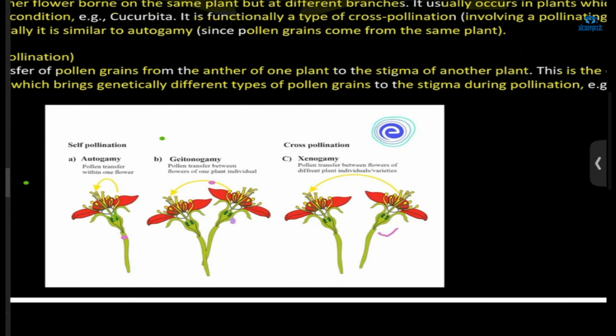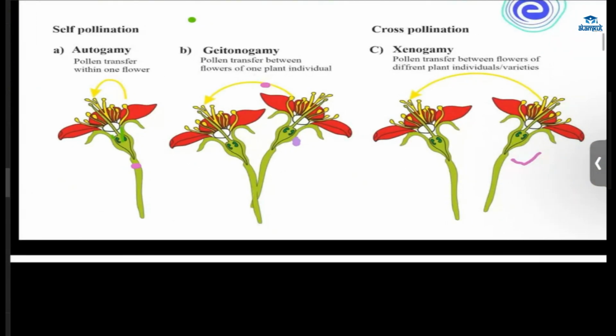Next case is geitonogamy. It is self pollination only. In this, from the anther of one flower, the pollen goes to the stigma of another flower, but of the same plant.